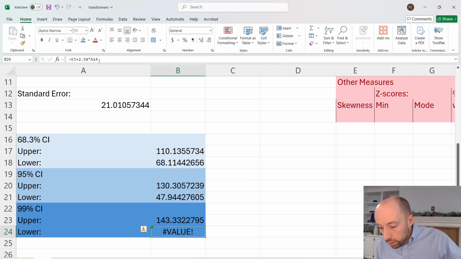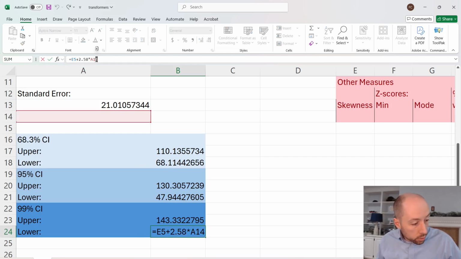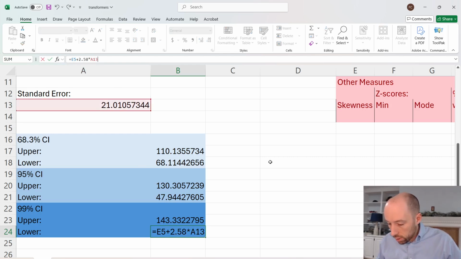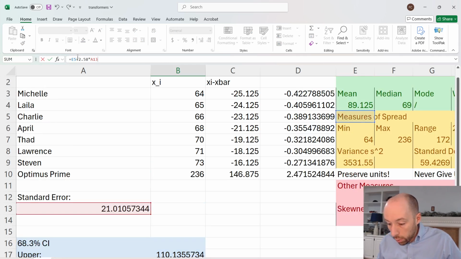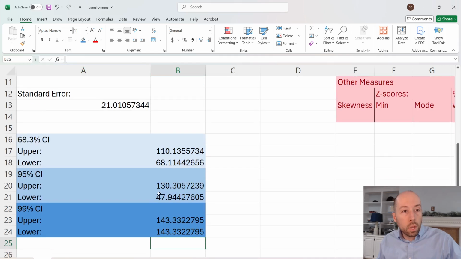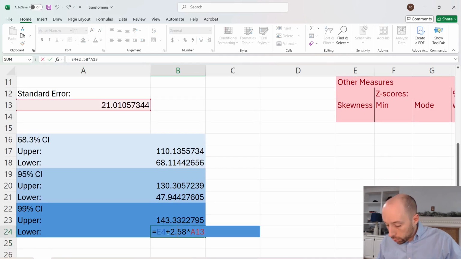Okay, what did I do? Something funny? Yeah, A14, that's A13. Didn't need to copy paste it in that way. And I'll switch that over to minus.